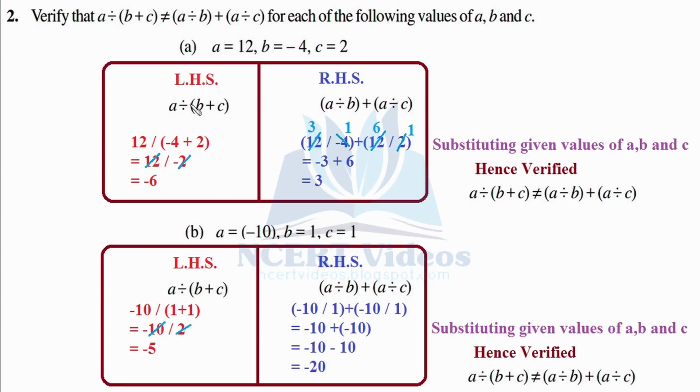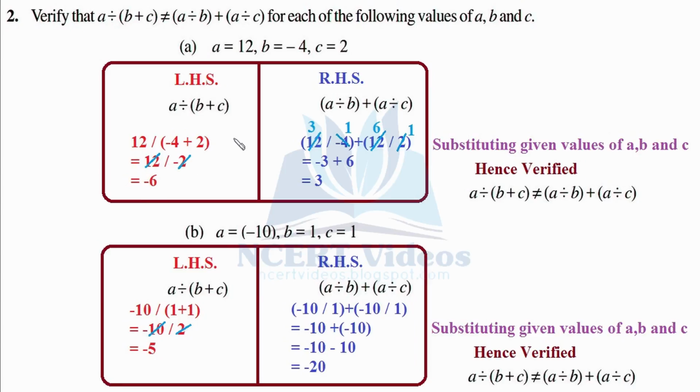Putting the values here, first taking this thing, A is 12, therefore writing 12 divided by, solving this bracket, that is B plus C, B is minus 4, C is 2, so the same is written here, 12 as it is divided by minus 4 plus 2 is minus 2. So 2 ones are 2, 2 sixes are 12, therefore minus 6 is your answer because here it was negative. So this was your left hand side solution. It came out to be minus 6.